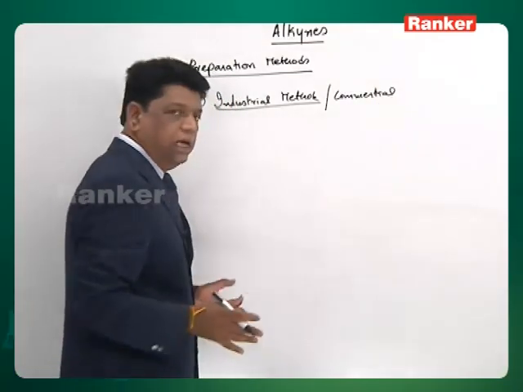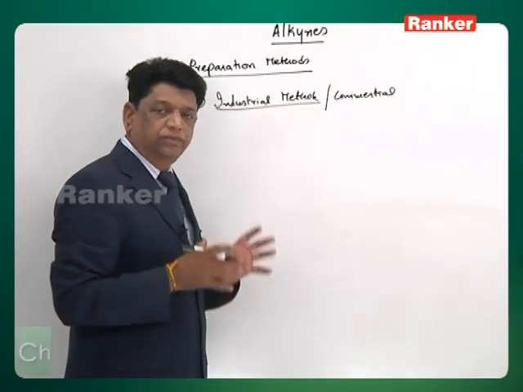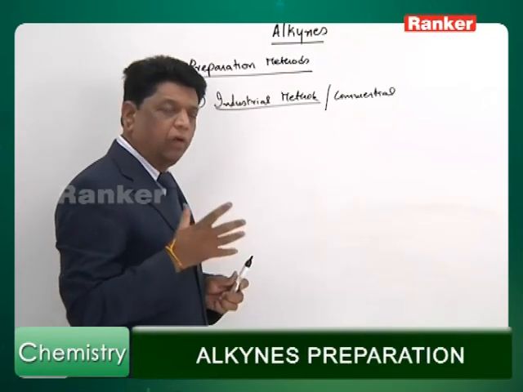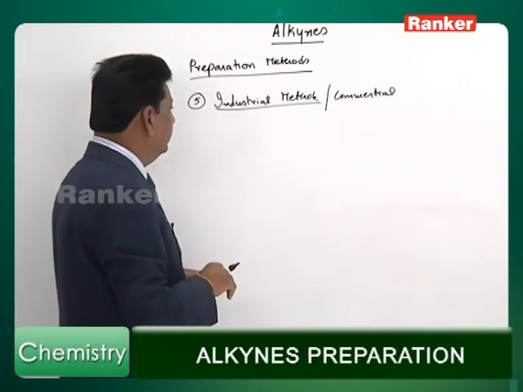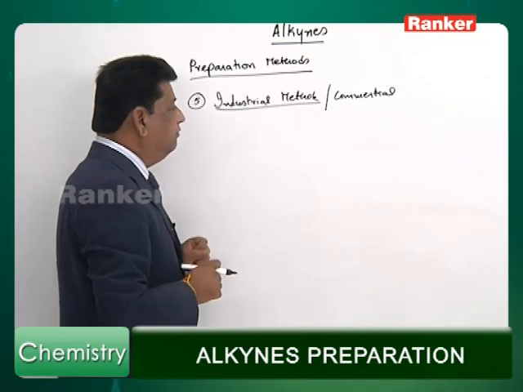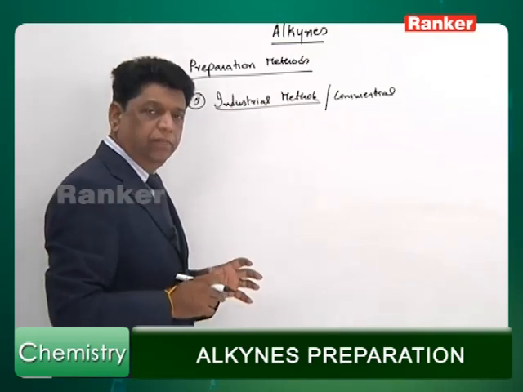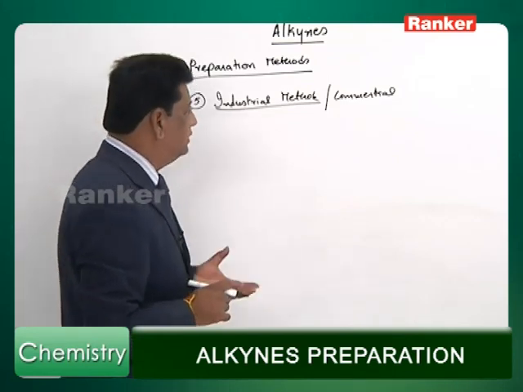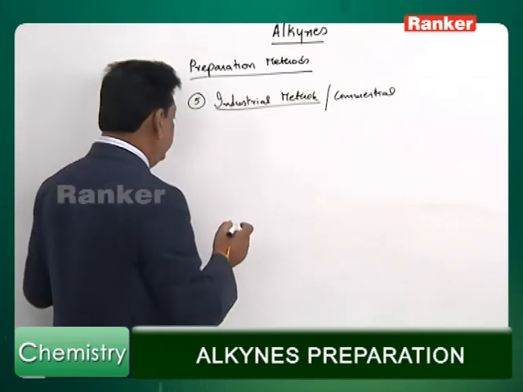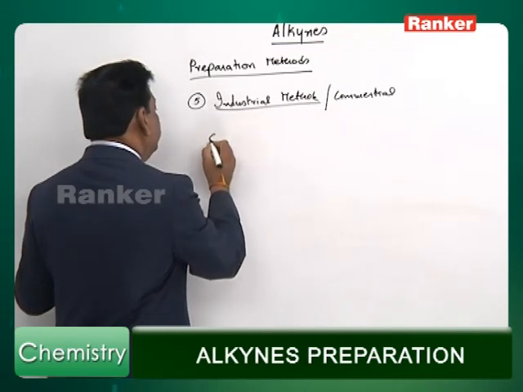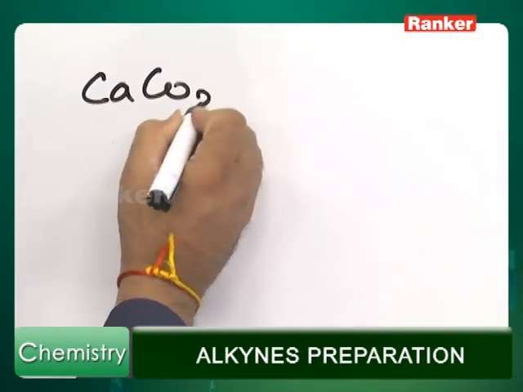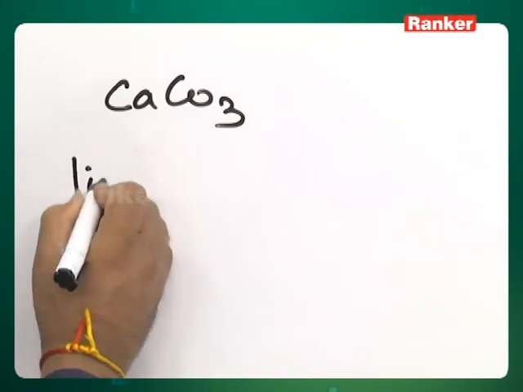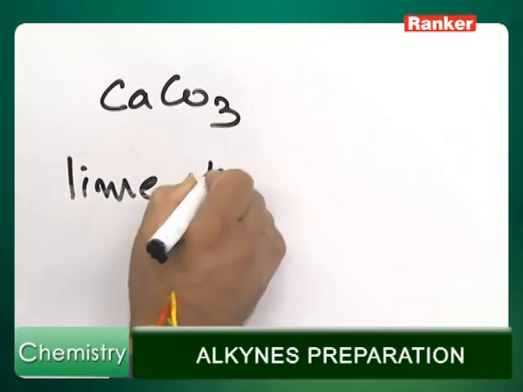On a large scale, the main aim of this method is how best we can make money, isn't it? So, in this method the materials we use should be low cost, and on a large scale we must be able to prepare the product. For this method we are using calcium carbonate, which is called limestone.